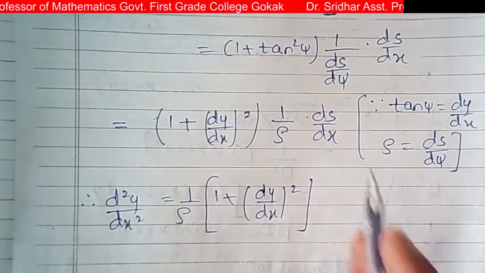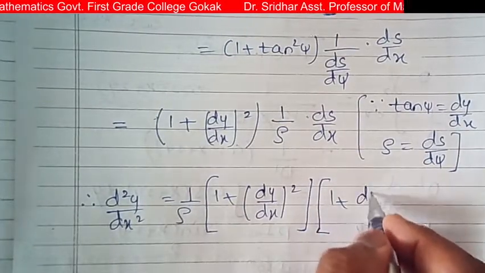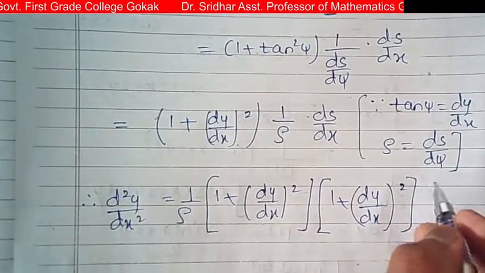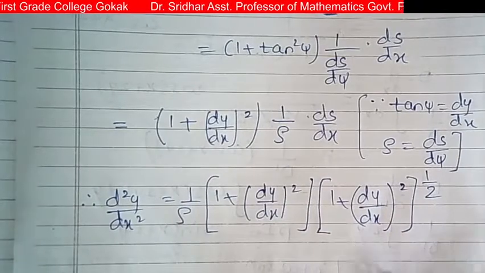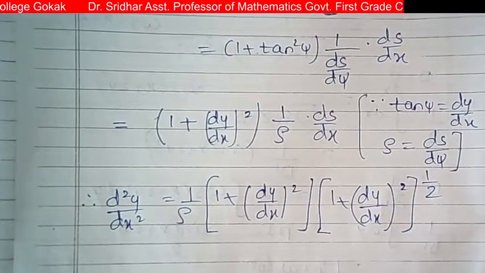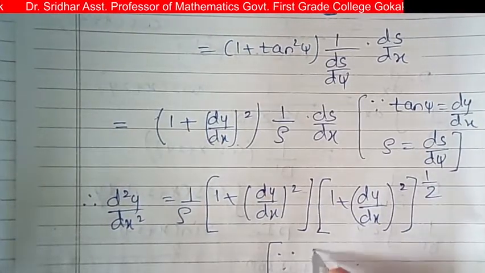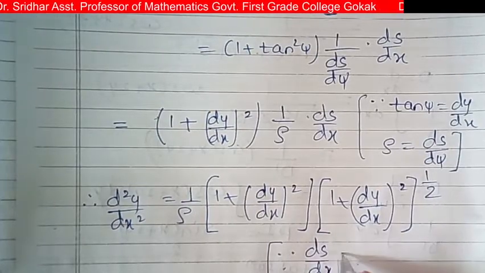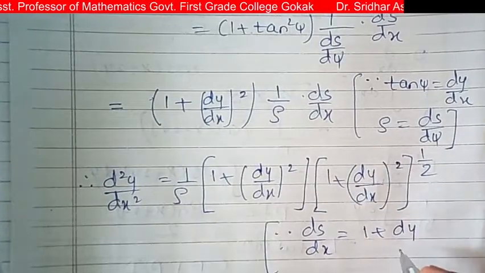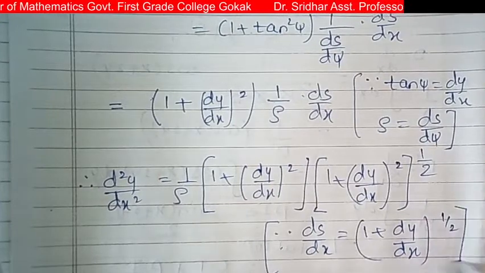It is given by 1 plus dy by dx whole square raised to 1 by 2, or the square root of 1 plus dy by dx whole square.